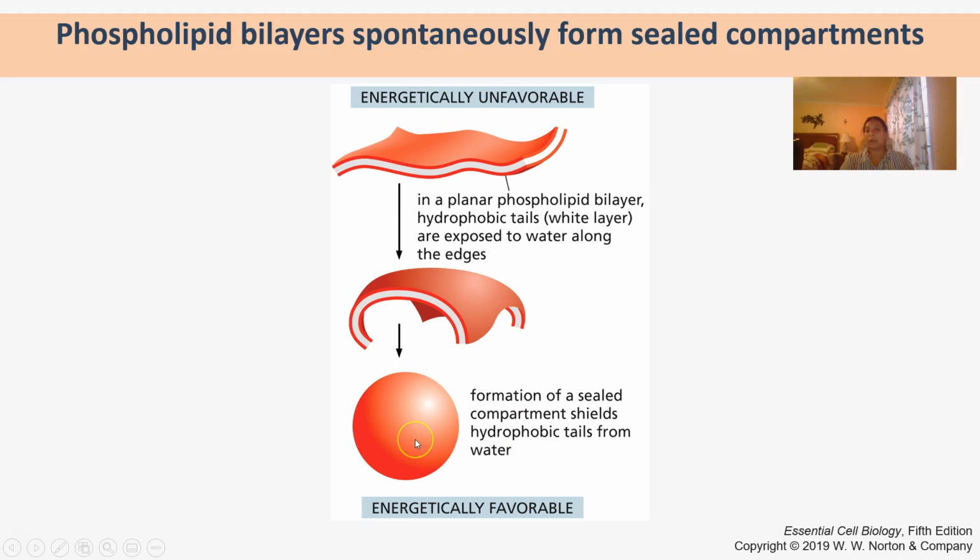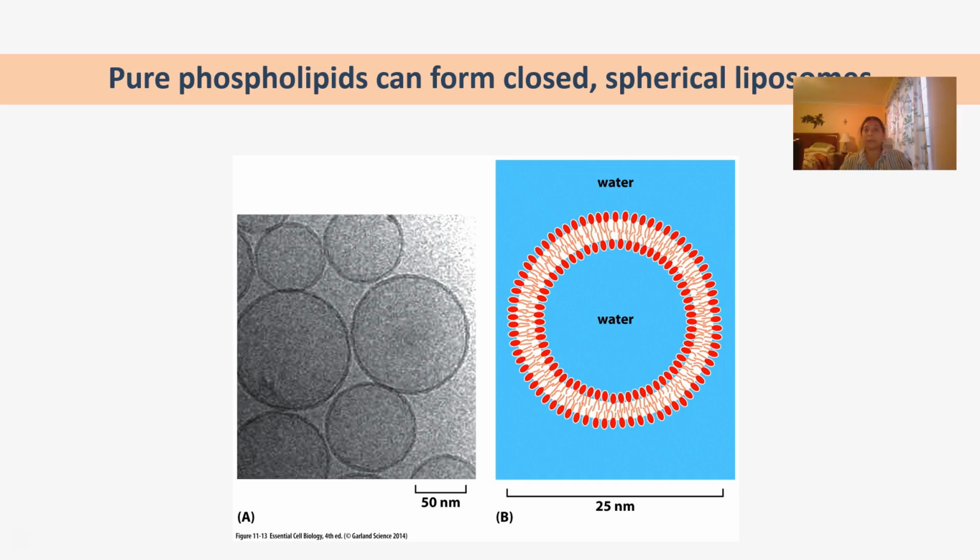This type of sealed compartment is going to shield the hydrophobic tails completely from water molecules and will be energetically favorable. That is how all the compartments within the cell are made. That is how our cell membranes are maintaining their integrity as well.